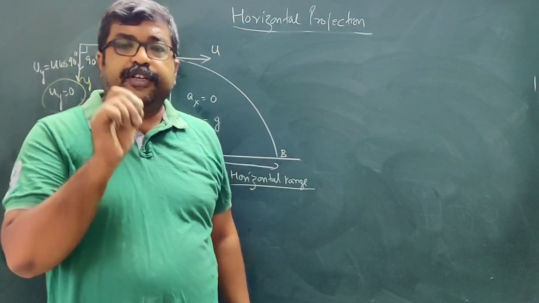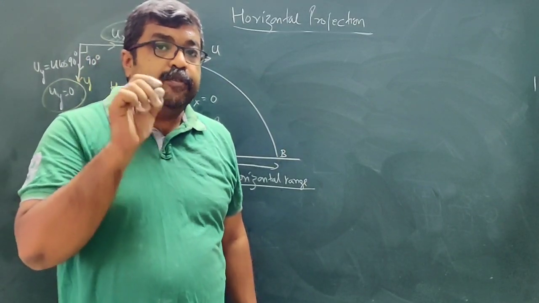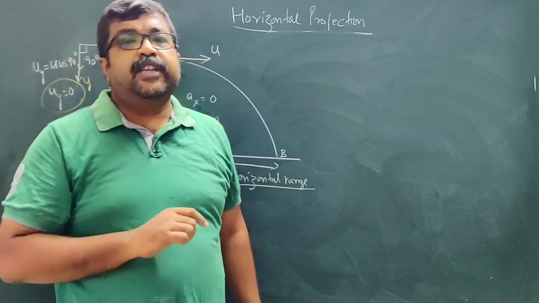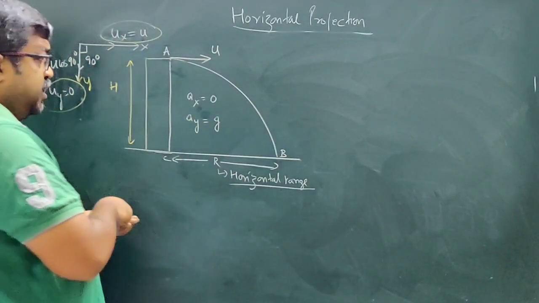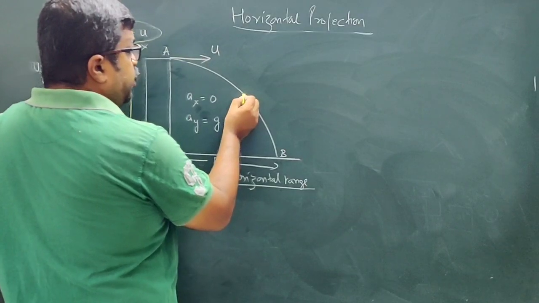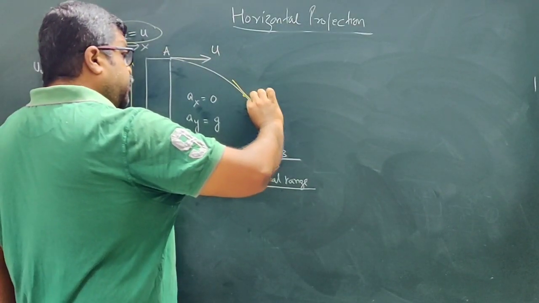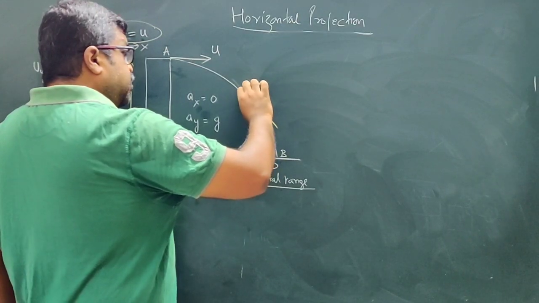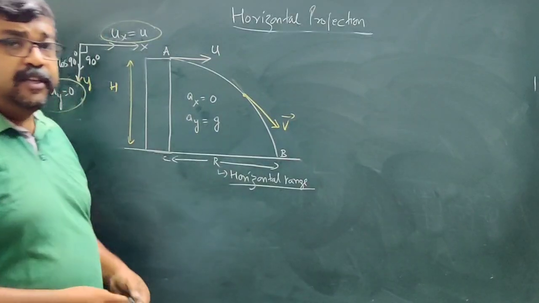At any point on the trajectory, if you wish to find the direction of velocity, at that point you draw a tangent. The tangent will give you the direction of velocity. So suppose you have to find the direction of velocity at this point. We will draw a tangent at this particular point. So this is the tangent, and this is the direction of the velocity.